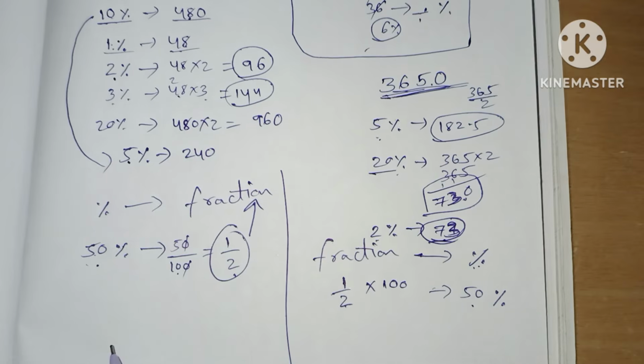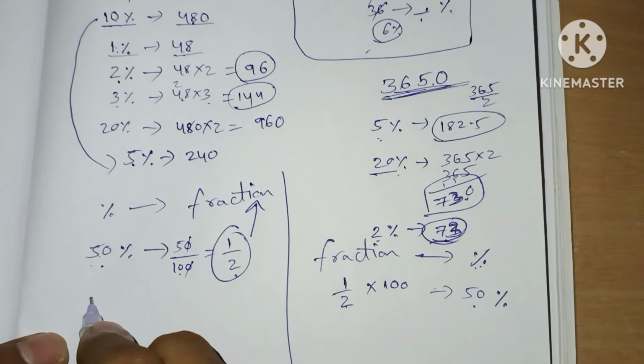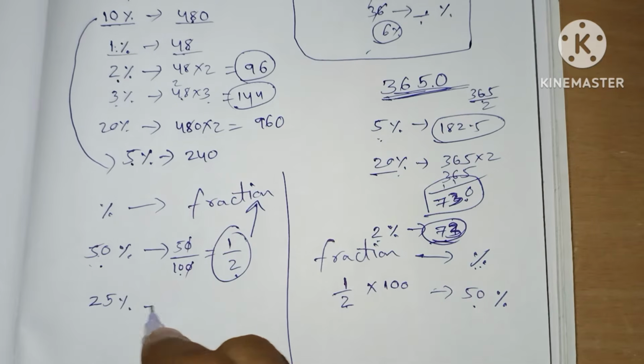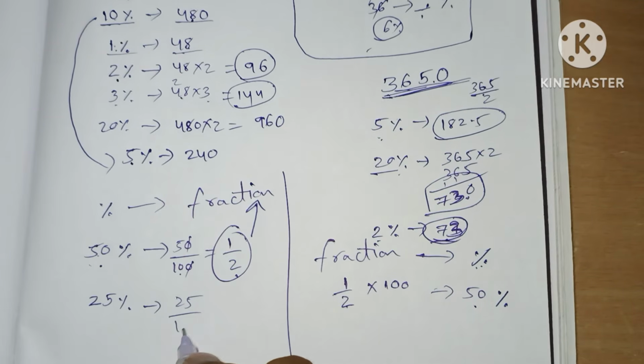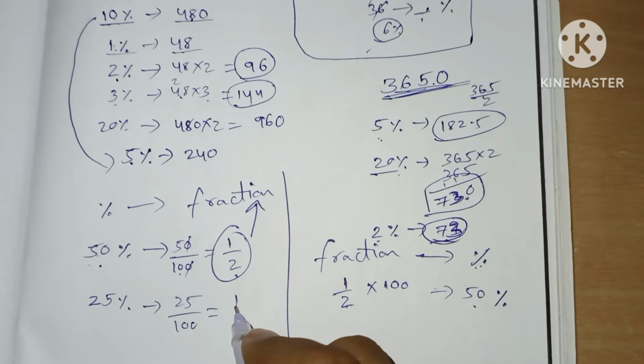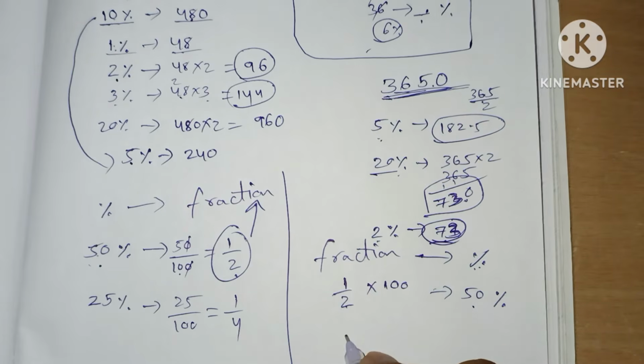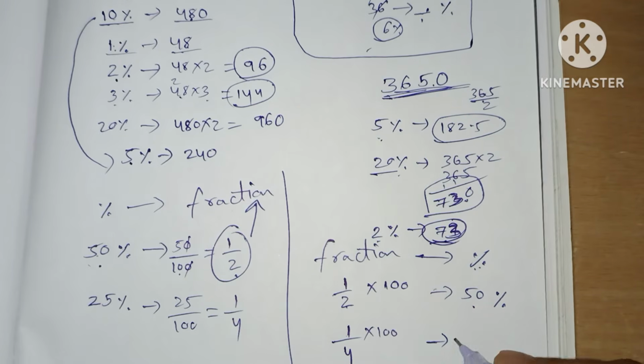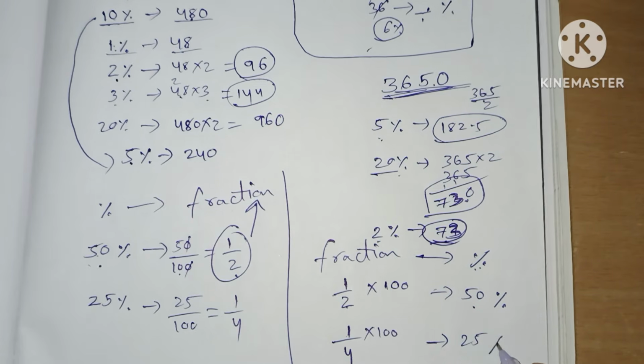So by this, if we have 25%, which is nothing but 25 divided by 100, it will be 1/4. What if we have a 1/4 fraction? What will be the percentage? We multiply this with 100, and we get 25%.